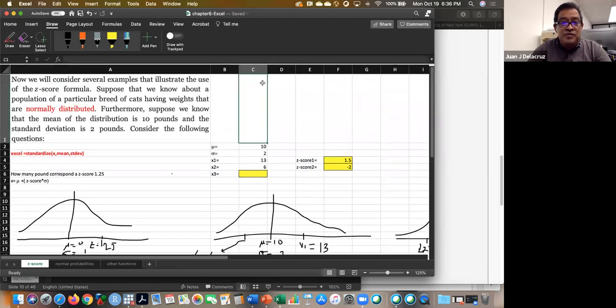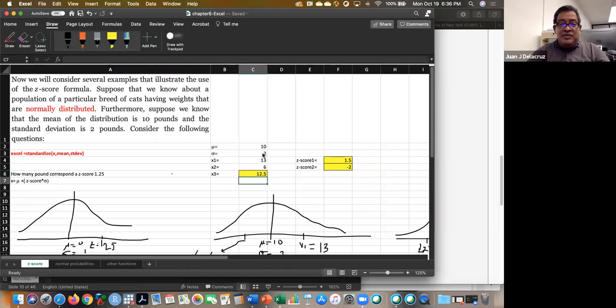So I'm going to compute it here. I'm going to use the formula. This case is very simple. My formula says mu, which is this one, I am going to add, then I'm going to multiply the z-score, that is 1.25, that multiplies the standard deviation, right?